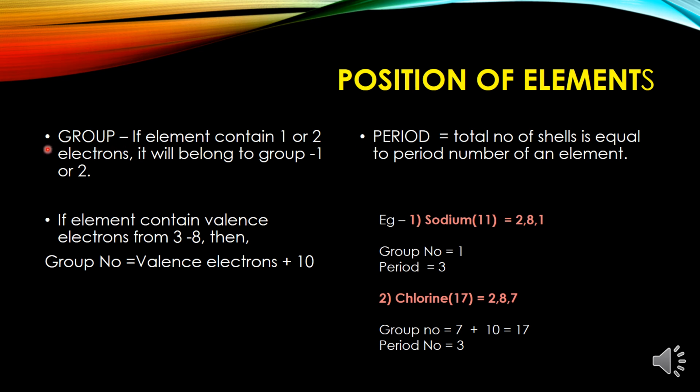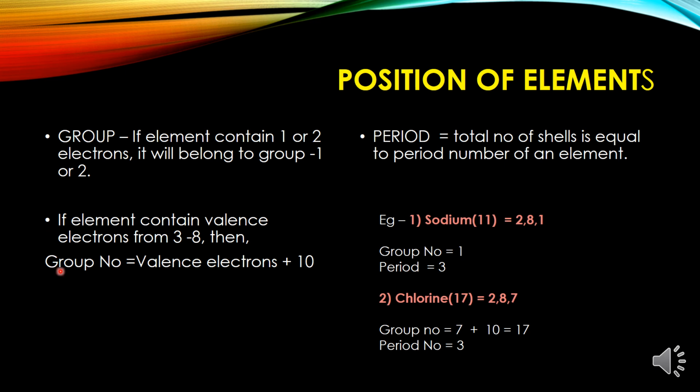Children, if any element contains 1 or 2 electrons, then it belongs to group 1 or group 2. If it contains 1 valence electron, it belongs to group 1. If it contains 2 valence electrons, it belongs to group 2. But if any element contains 3 to 8 valence electrons, 3, 4, 5, 6, 7, 8, if it is any of these, then we will add 10 to it and we will get the group number.